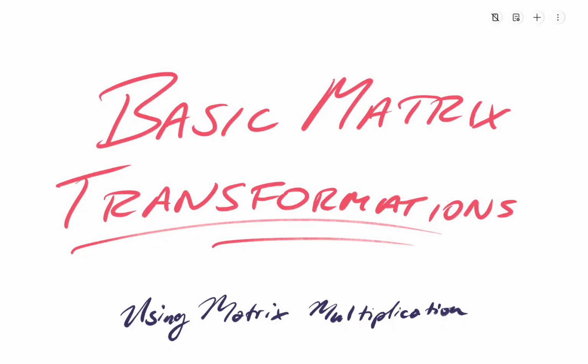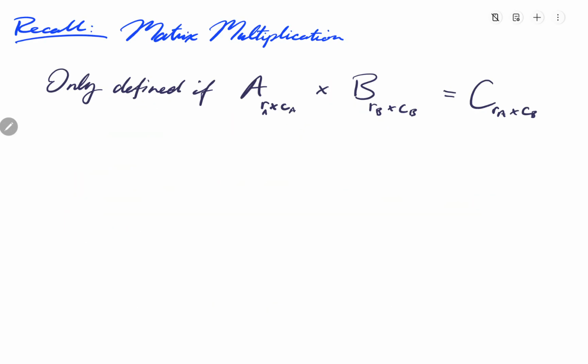All right, so what you see on the screen is a reminder of some things that are important with matrix multiplication. So matrix multiplication is only defined when the number of columns in the first matrix and the number of rows in the second matrix are the same number.